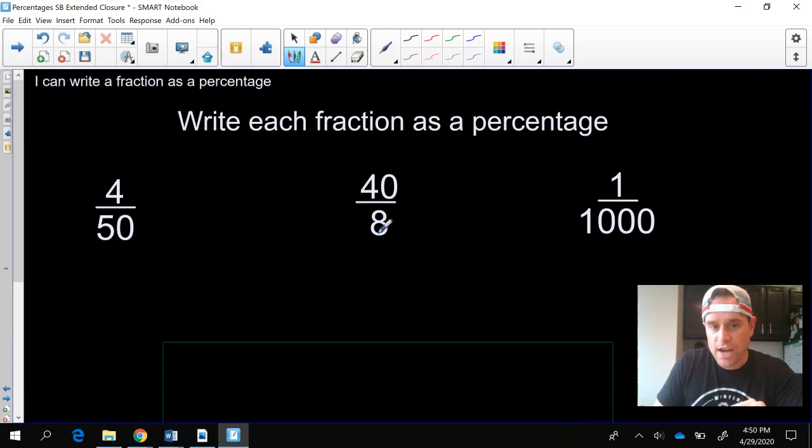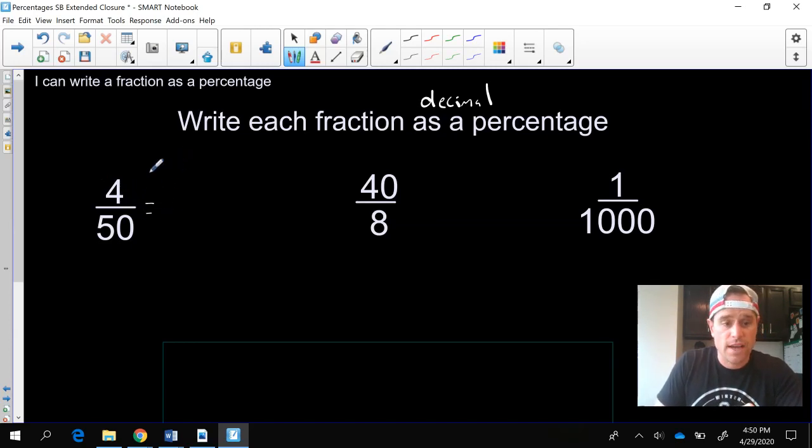Write each fraction as a percentage. So why is this the very last one? Because you have to do something in between, and you have to change every single fraction into a decimal. And once you do that, then you can change the decimal to a percentage. So it's hard to go straight from fraction to percentage. What you want to do here is divide 4 divided by 50.